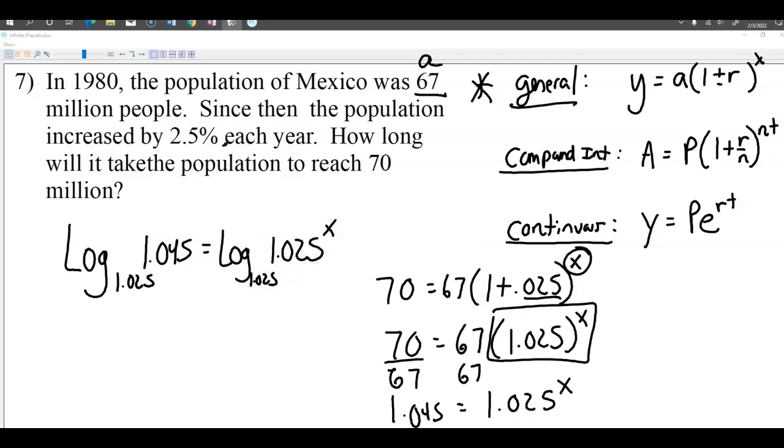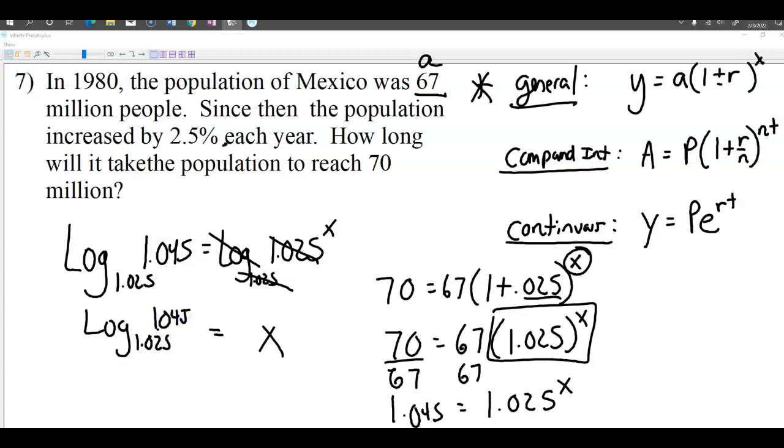So I just put a log with a base of 1.025 on both sides. On the right side, these cancel out because they match. And now we need to figure out what's the answer on this left side.